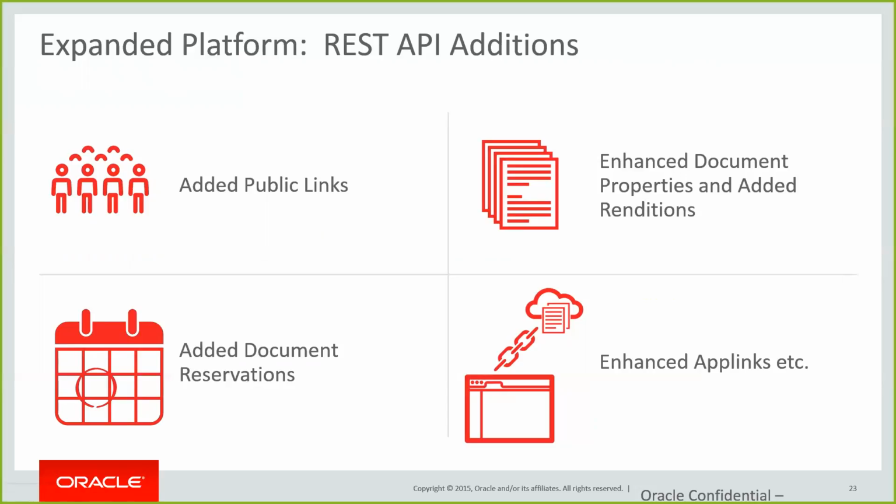So we already have a rich set of REST services available. We enhanced those services in release 5 with new services. We added, for example, a set of services that are dealing with public links. Now we can create a public link using the REST API.